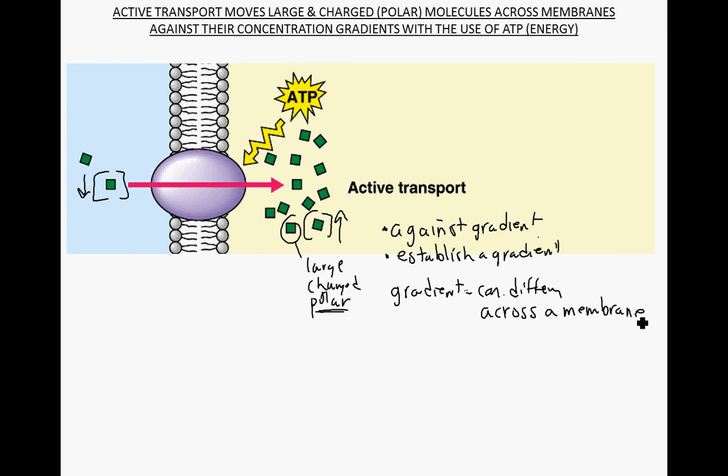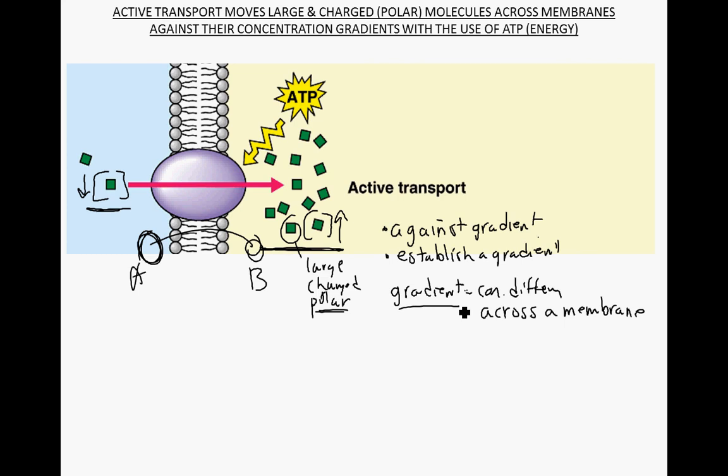So we've got this concentration difference across the membrane. On one side of the membrane, we have a low concentration. On the other side of the membrane, we have a high concentration. So we're going across the membrane here, comparing side A with side B. So there's a gradient established if there's a difference in the concentrations of these things across the membrane.